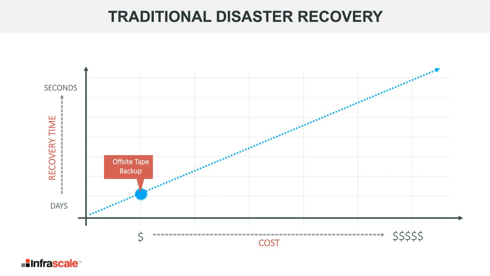But essentially, with offsite tape backup, if a system went down, you'd have to go and get the tape and then rebuild and restore that way. So this solution is going to take several days at best, but really, a week or more is going to be the best case scenario to be completely back up and running.